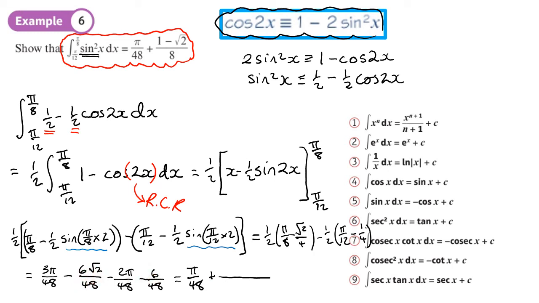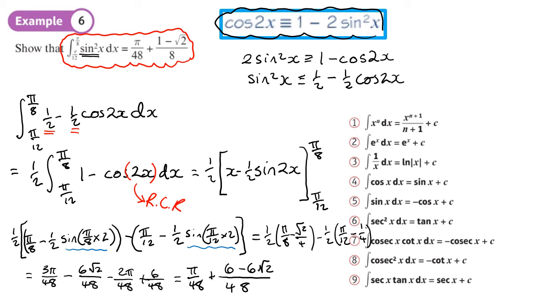I might just write that down. So because I've got a minusing a negative, actually that should be a plus, because negative, negative will make sense. So plus, and then I will have 6 minus 6 root 2.